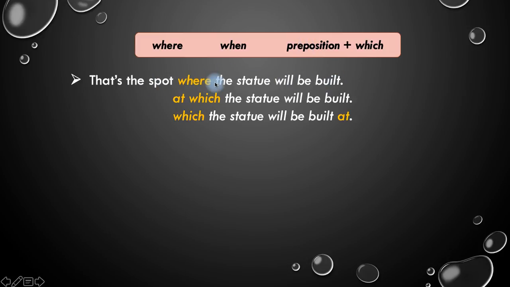Yeah, that's okay with where. Or we can also say, that's the spot at which the statue will be built. At which. Or we can also use the preposition at the end of the sentence and start with which. That's the spot which the statue will be built at. All these sentences are correct.